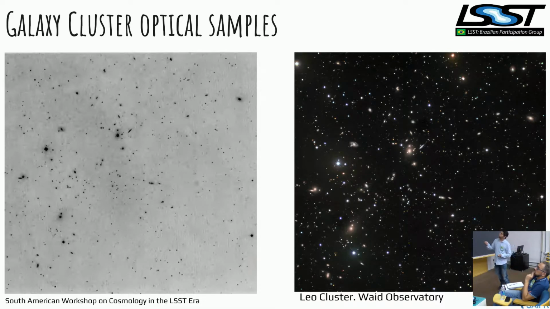Also, you have the color, these images in color, and you can tell another interesting property of the galaxy clusters: in general, they have old galaxies, right? Old elliptical galaxies, and these guys are red. And this is a property that people will use to analyze galaxy catalogs and find galaxy clusters, okay? At the beginning, you had almost only single passband image catalogs. You would have to use other techniques to find your clusters.